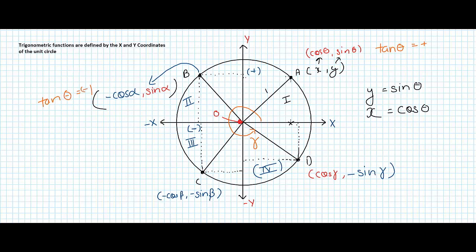In the third quadrant, both sine and cos are negative. Tangent is nothing but sine over cos, both the negatives cancel out, so the tangent is positive in the third quadrant. And in the fourth quadrant, again sine is negative, cos is positive, so the tangent in the fourth quadrant is negative. So we can establish some periodicity of these functions.